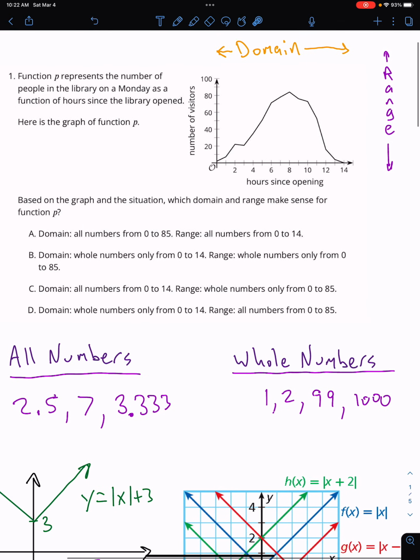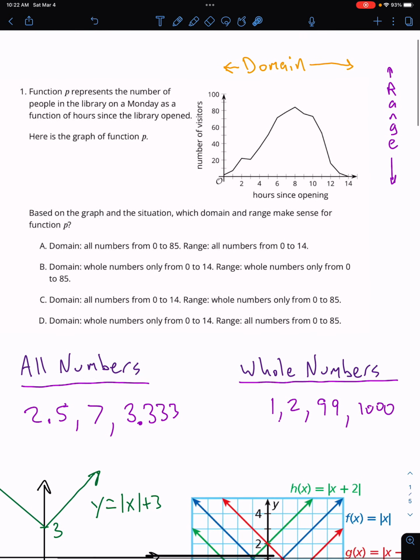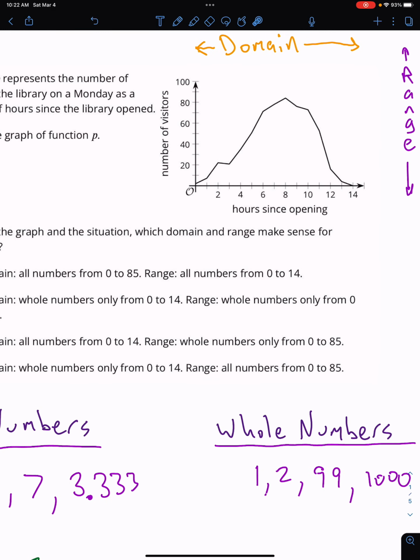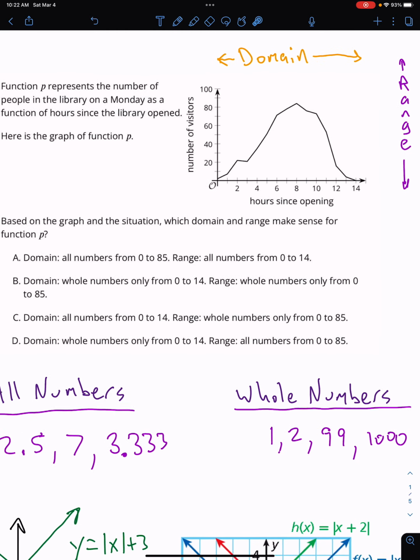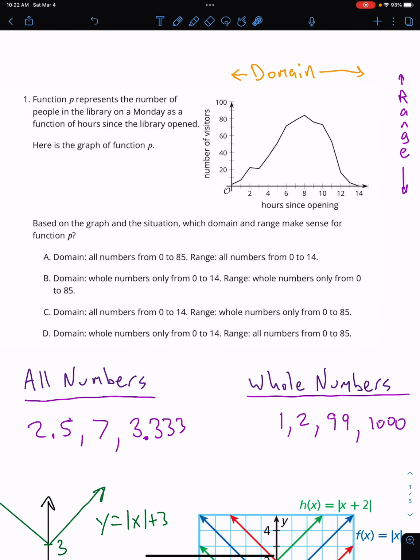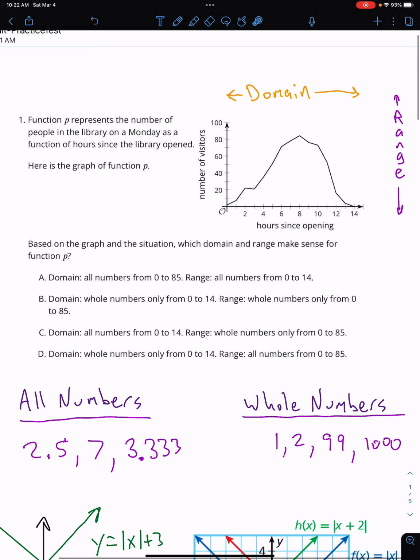So we need to think about which one is whole and which one is all. For the hours since opening, we're dealing with time: milliseconds, 30 seconds. You've heard of half an hour. Sometimes people say it's a quarter of an hour till 10 o'clock. So we have fractions when dealing with time. It's continuous, so time is going to be all numbers because of the fractions.